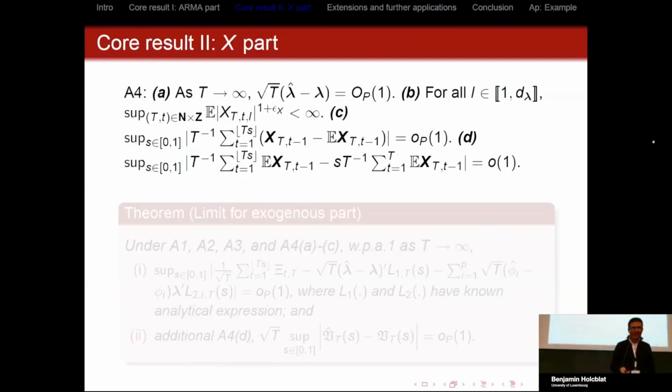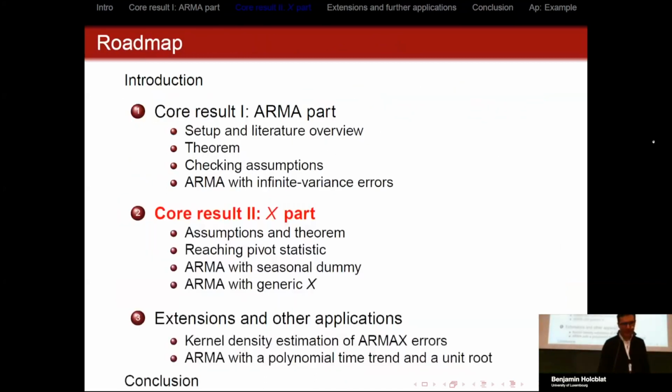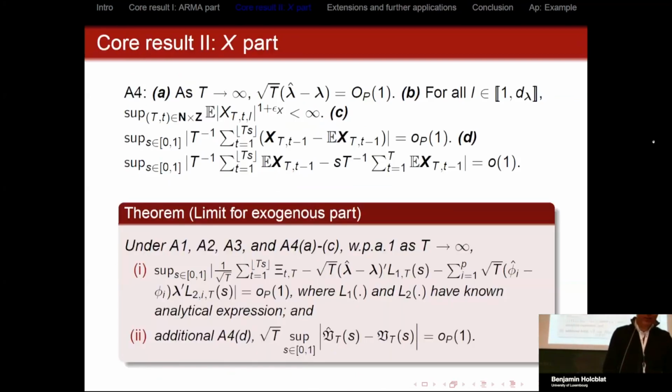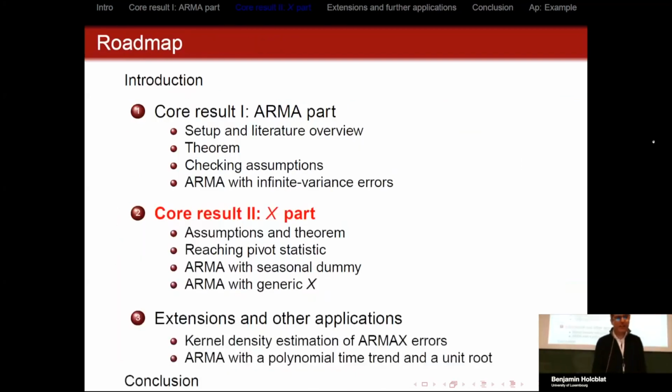Okay, so maybe to summarize. We show how to deal with the X part, and in general it can be seasonal dummy, generic X, and so just to give you the idea: how do you deal with the X part?